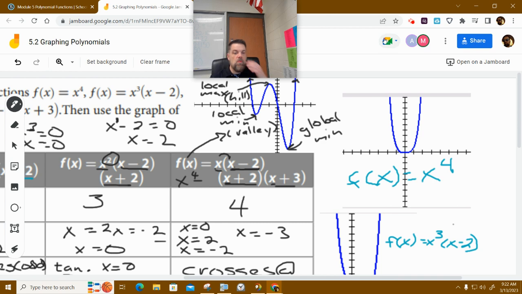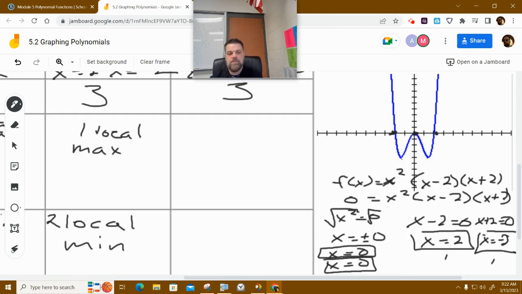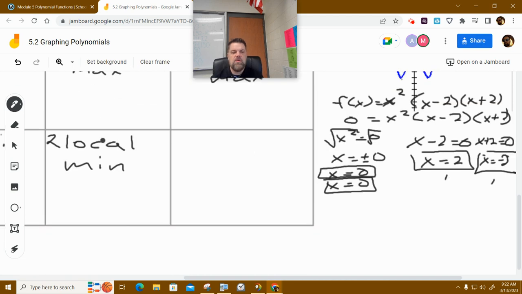Okay? So when it comes to the local mins and maxes, I would say there's one local max for sure. And you could say two local mins, but really technically it's one, right?